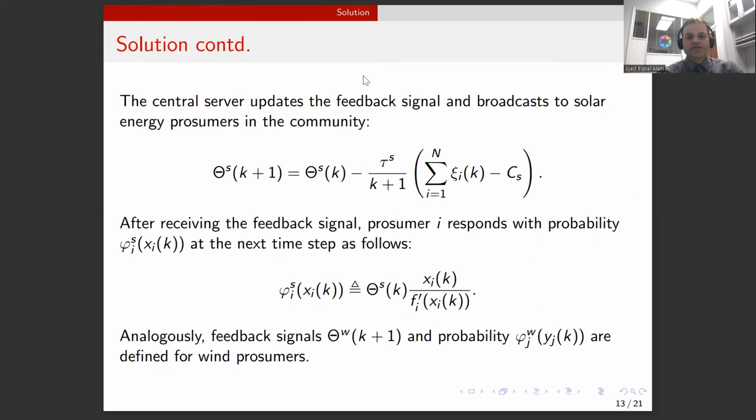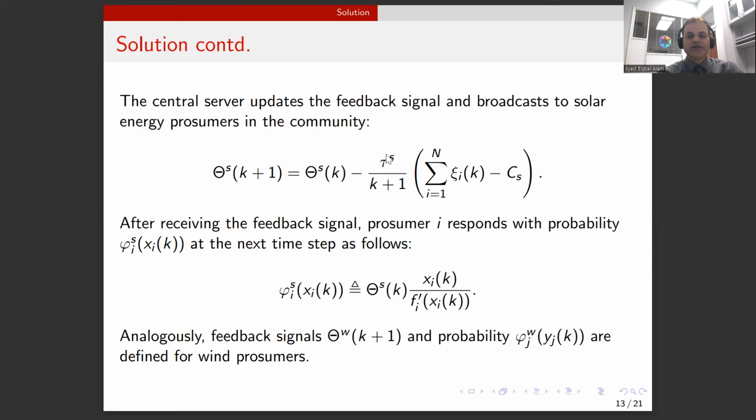Now, the central server keeps track of the average number of active prosumers and consumers, and it sends feedback signals to the community members. The feedback signal for the prosumers with solar panels is denoted by theta_s^(k+1), which is equal to theta_s^k minus tau_s over (k+1) times the sum over i equal to 1 to n of psi_i^k minus C_S.